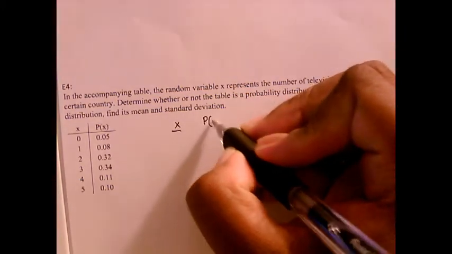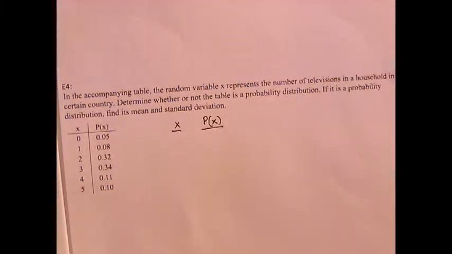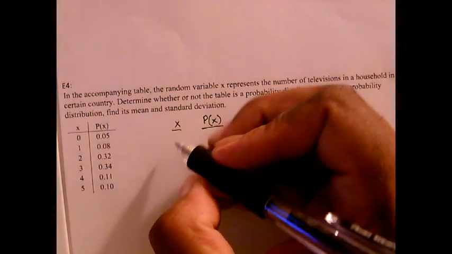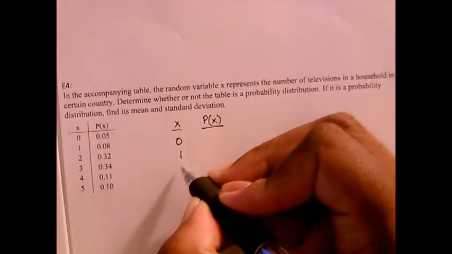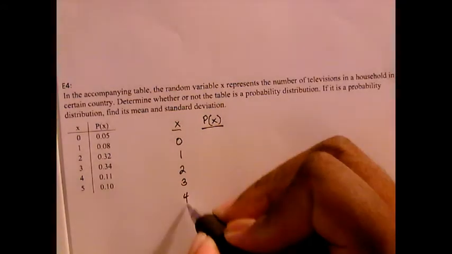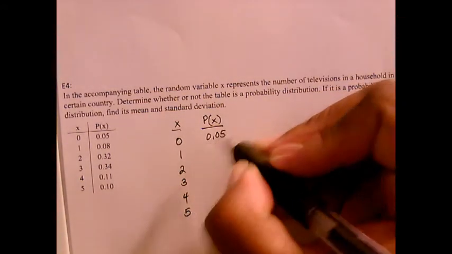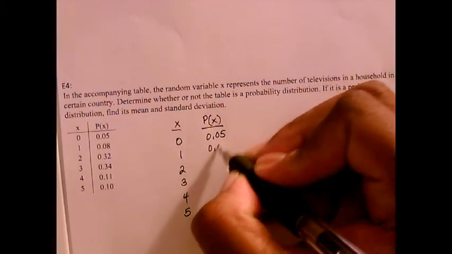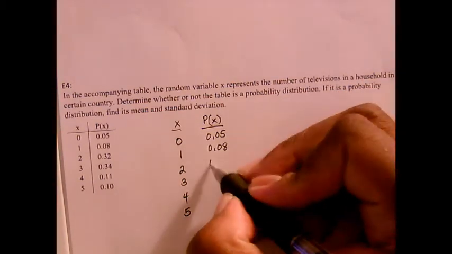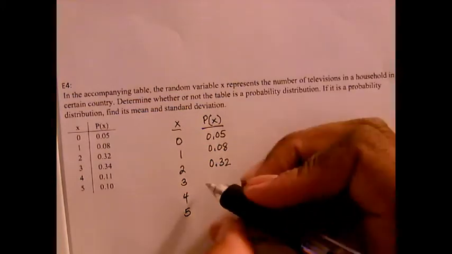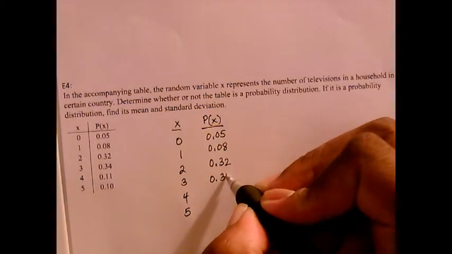Okay, so like I did in that first example, I'm going to have X and P of X. I write my X values here from 1 to 5. And then my P of X: this is 0.05. 1 will be 0.08. And 2 is 0.32. 3 has 0.34.